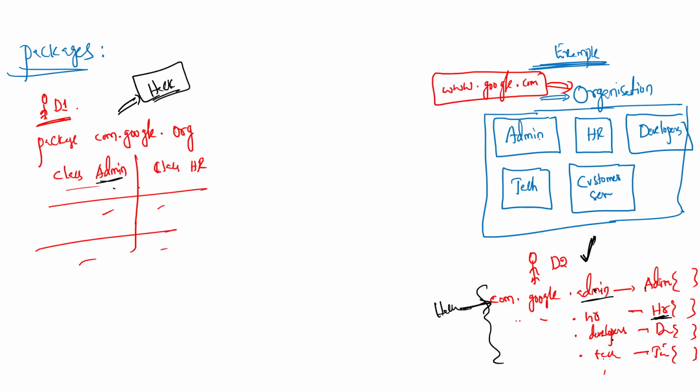Because they interact with each other, the HR department wants to talk with admin, tech people, customer service and everybody. Developers also want to talk with tech people and service people, so multiple modules interact internally. Therefore, a disturbance in one entity in this approach is a disturbance for all the others. But with packages, if there is a disturbance about admin, only the admin code has to be changed.